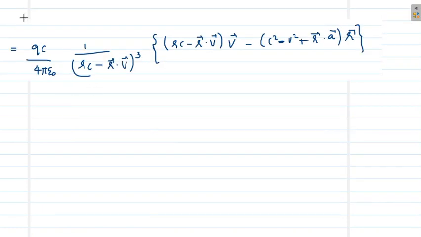So this is our equation for del v. To find the expression for dou a bar by dou t, we can just write that by modifying this equation of del v.